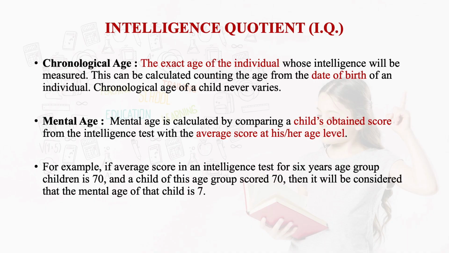If a particular student achieves 70 in that test, then you can say that his or her mental age is 70. But many a time you will find that a 14 age group student is not able to score 70, or a 15 age group student is also not able to score 70. So that's why mental age may vary.